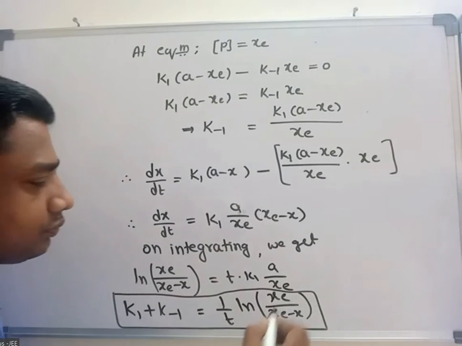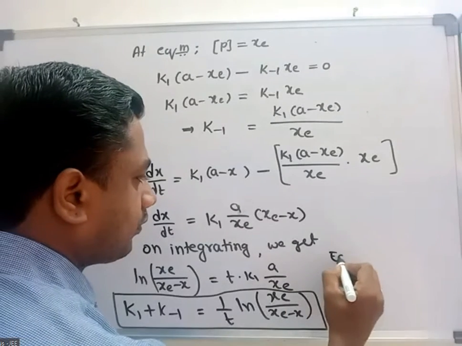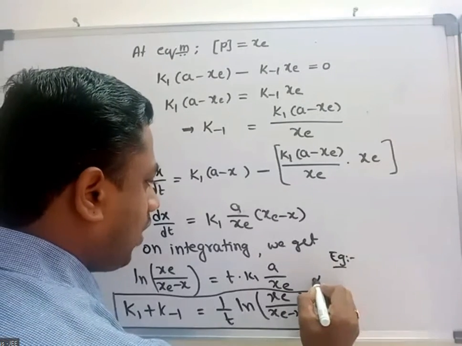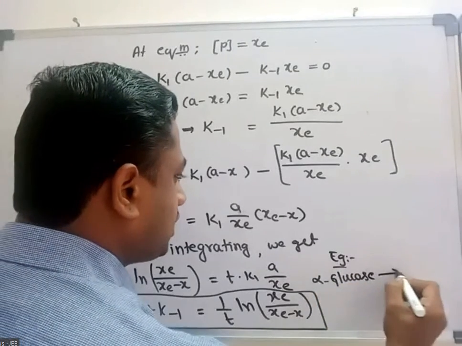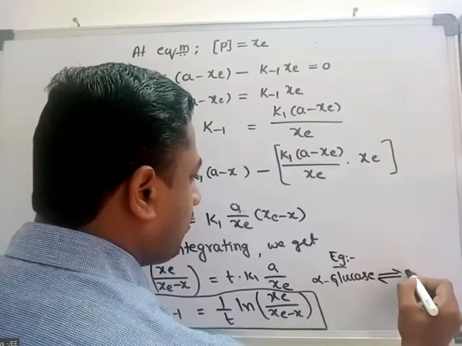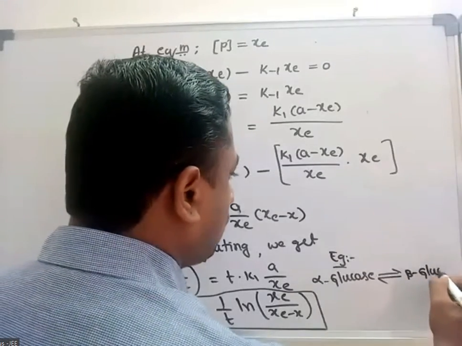Examples: alpha glucose, which is in equilibrium with beta glucose.